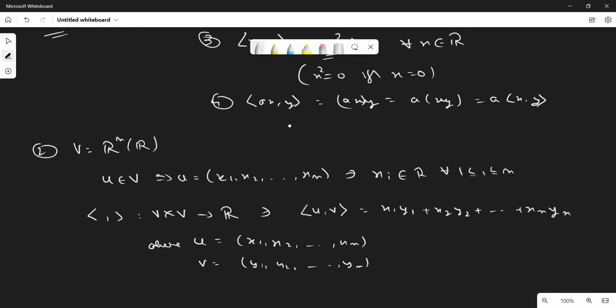So this is corresponding elements multiplied followed by addition. This will also be an inner product space. Very simple to understand. You can prove it on your own.